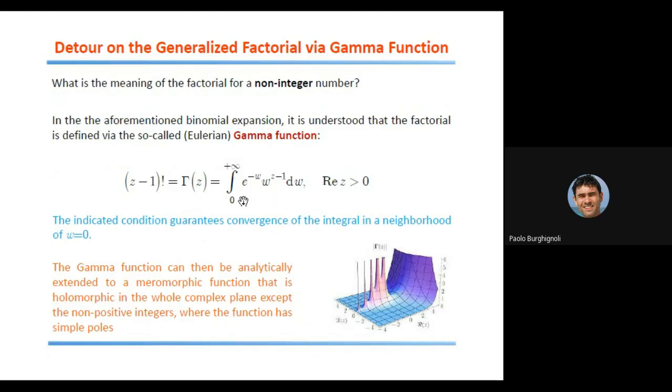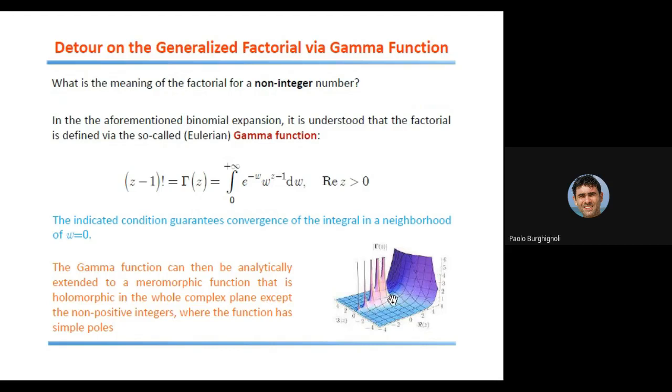Now, actually, the gamma function can be extended in the entire complex plane, with the exception of poles, which are located on the negative real axis and at the origin. You can see a plot of the absolute value of the gamma function here at the bottom right, where you can see that the poles give rise to those sort of pinnacles in the absolute value of the function.